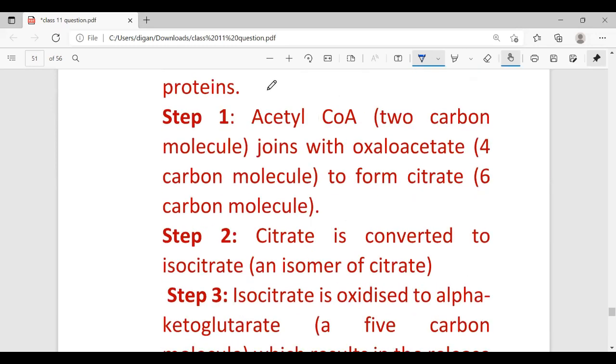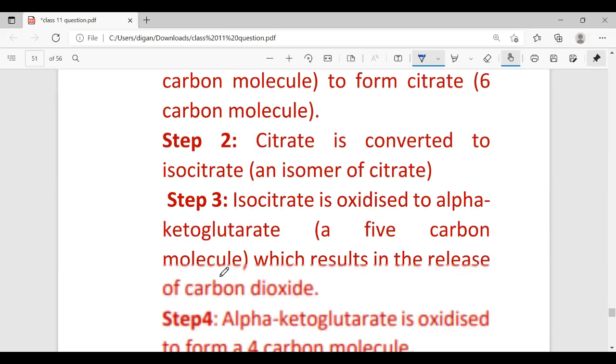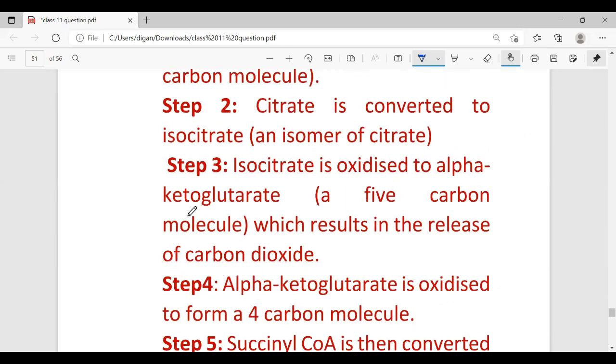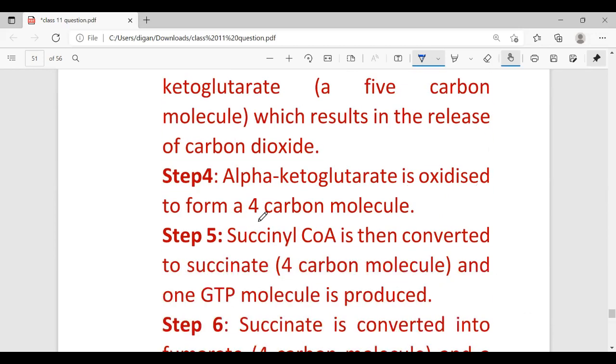Step 1, acetyl coenzyme A joins with oxaloacetic acid to form citrate. Step 2, citrate is converted into isocitrate. Step 3, isocitrate is oxidized to alpha ketoglutarate, which results in the release of carbon dioxide. Step 4, alpha ketoglutarate is oxidized to form a 4 carbon molecule.